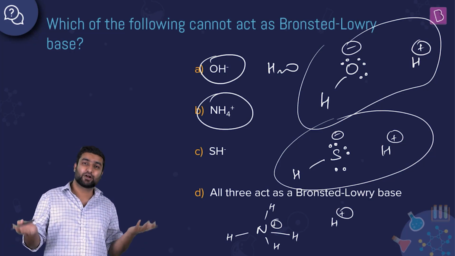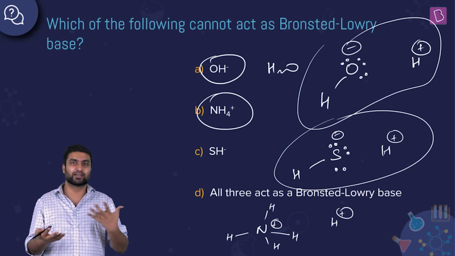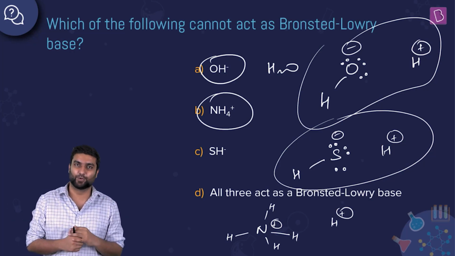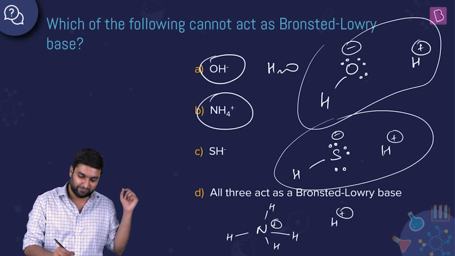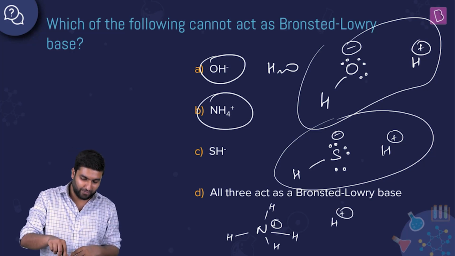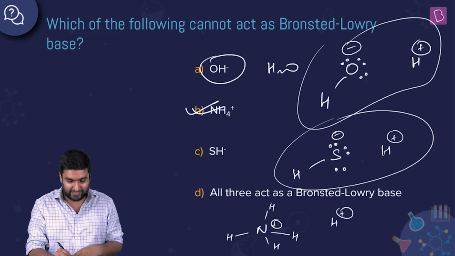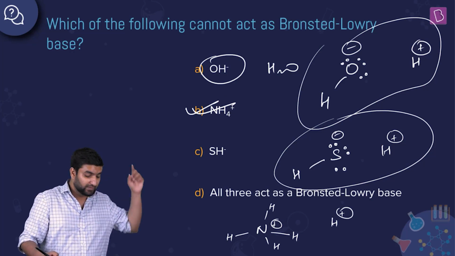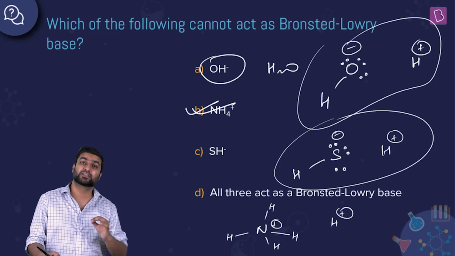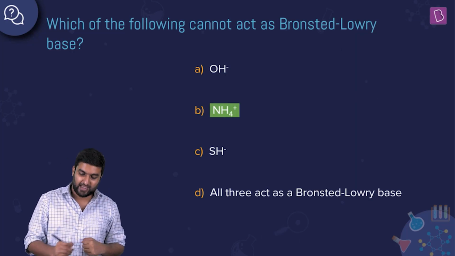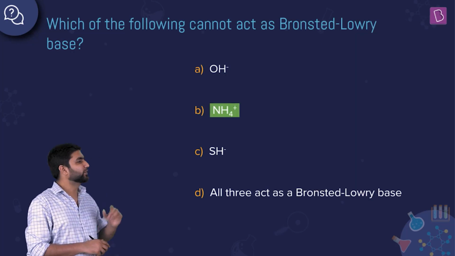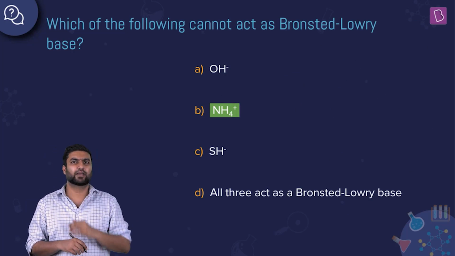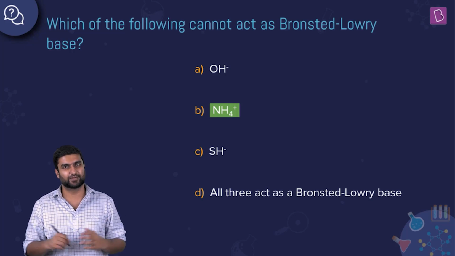There's simply not enough space to hold any more bond, or any valency left to hold any more bonds. And so NH5 2 plus cannot form. So I would say that is indeed the one species that cannot act among the three here as a Bronsted-Lowry base. And with that, we know that we have solved it correctly. Option B for Bangalore is indeed the correct response for this particular question.